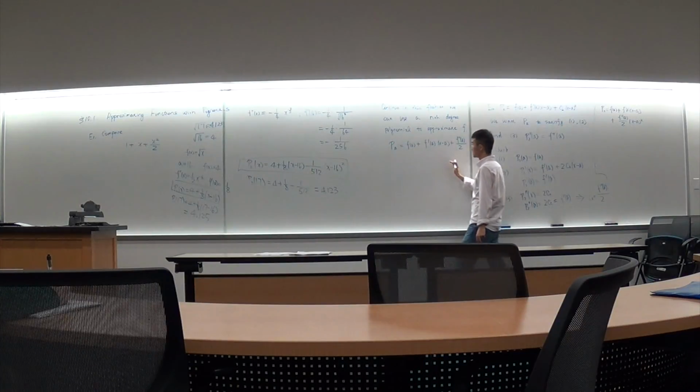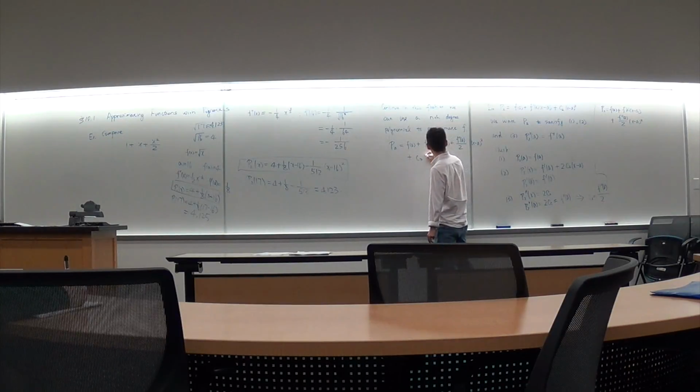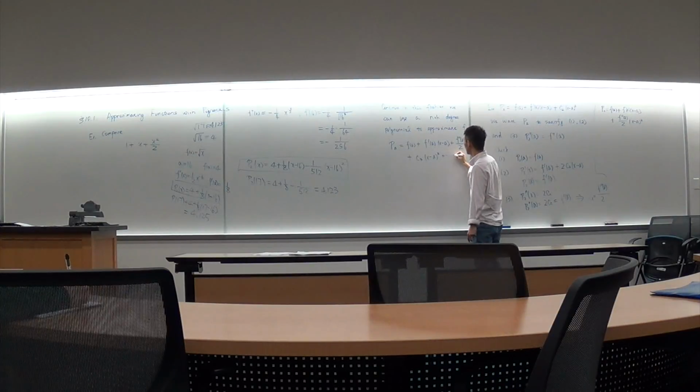And it's not over yet. So plus, we call it C3, times (x minus a) cubed, and so on and so forth, all the way to Cn times (x minus a) to the nth power.